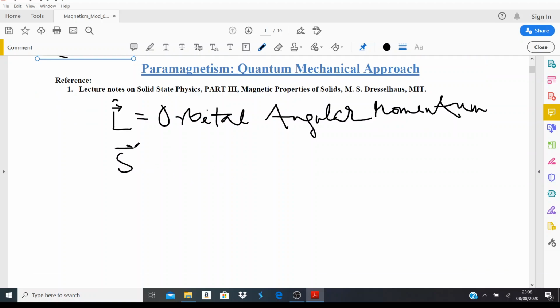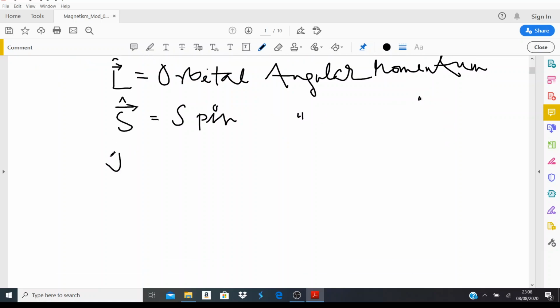Then the second one was the spin angular momentum of an electron, and then the last one that I have talked about was the total angular momentum, right? And all these angular momentums are for one electron.